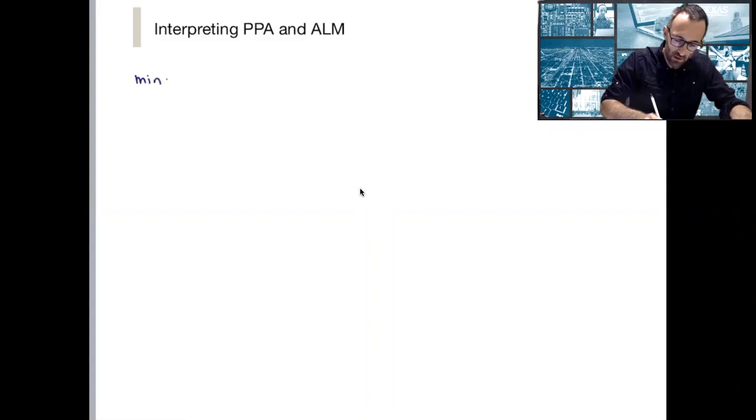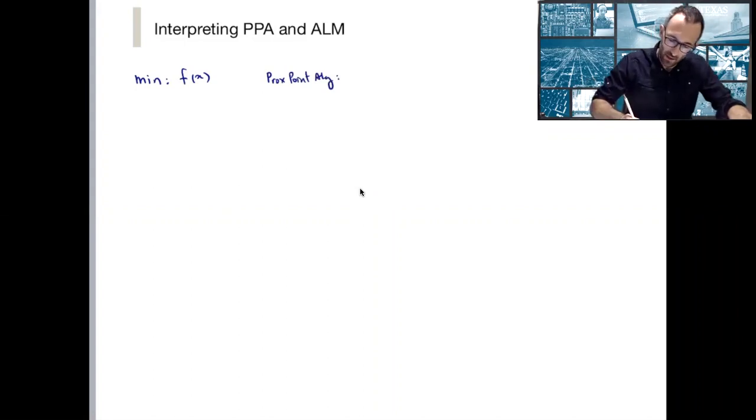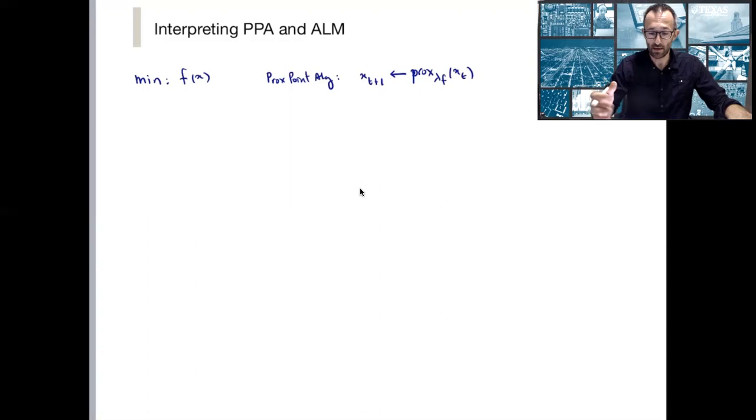We're thinking about the primal. If we're going to stay there, we can just write a single minimization problem like this, and recall that the proximal point algorithm, which is not proximal gradient, is simply the iteration x_{t+1} is the prox of lambda f of x_t. We saw a number of properties of this.